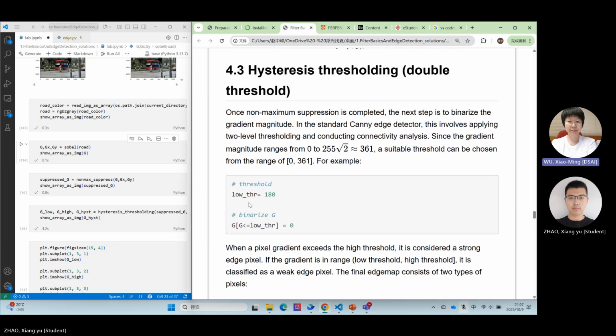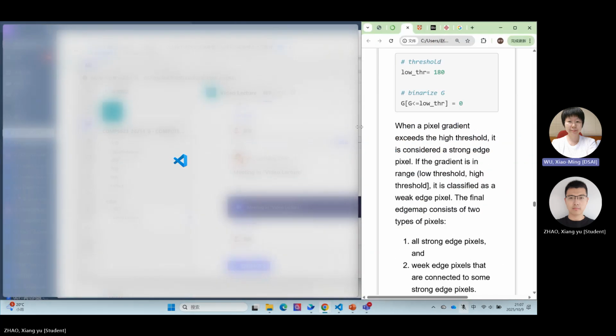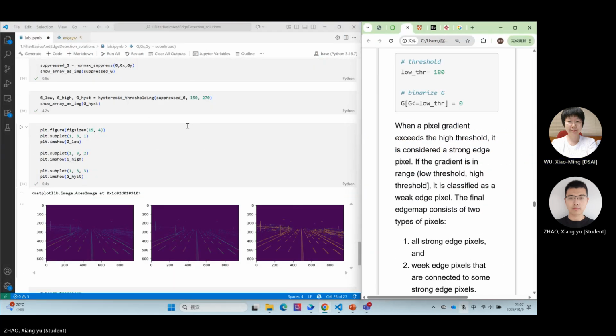For example, we can choose the low threshold as about 200, and any point lower than 200, we can set to be 0. Okay, let's just see some examples.